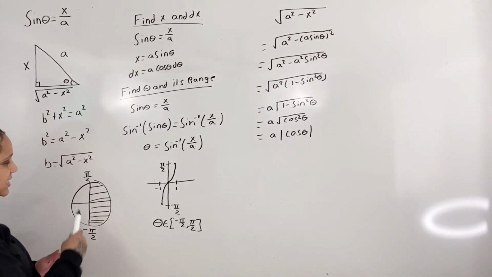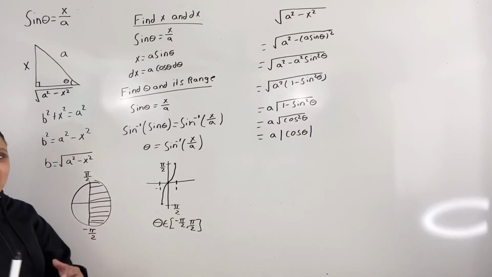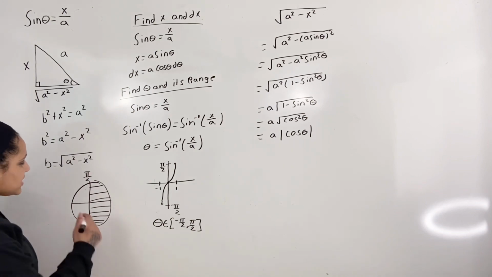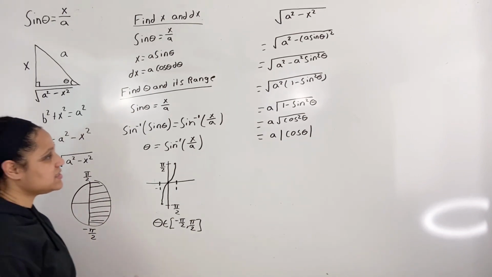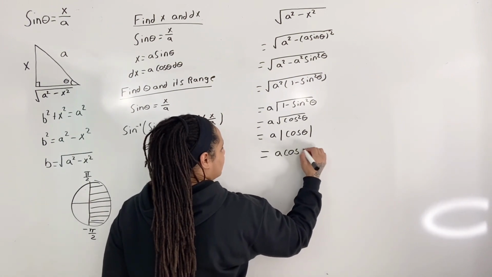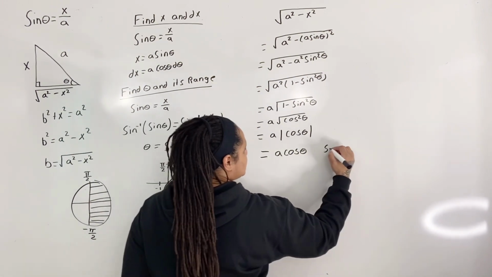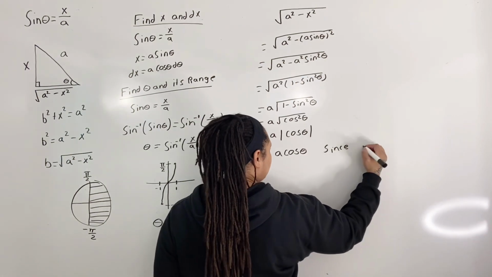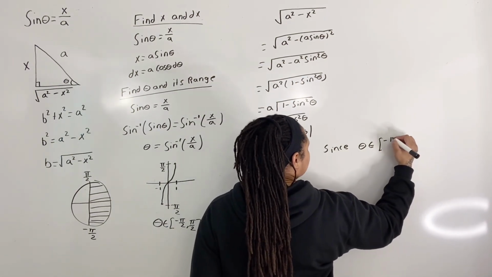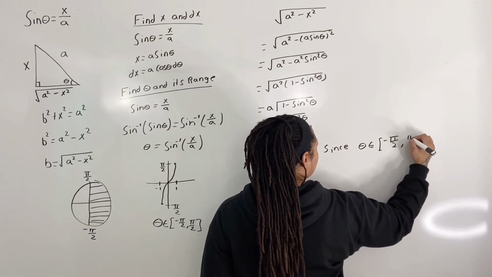Remember, cosine takes the x values of the unit circle and sine takes the y values of the unit circle. So the x values are always going to be positive. So this will equal a cosine theta, since theta belongs to negative pi over 2 to pi over 2.